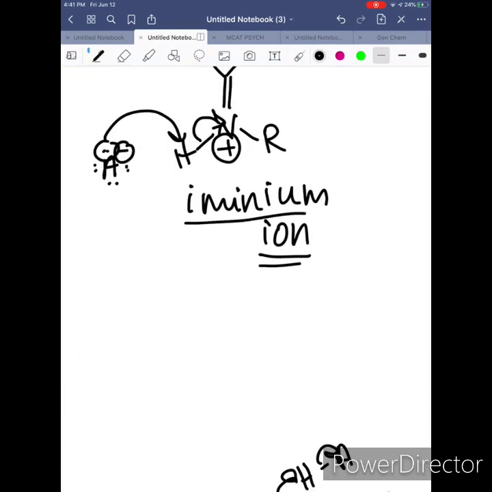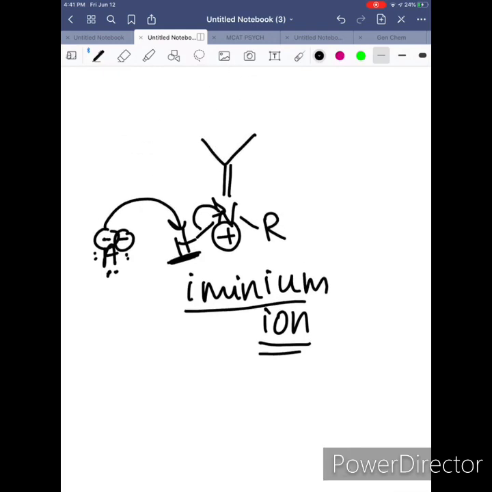And I told you guys earlier that this is an important step. Let's go back here and zoom in. This iminium ion has a hydrogen on it, which I can capture from this base that I generated, right? You have an acid, and then you take the hydrogen from the acid, that becomes the base. So A minus is a base, right?